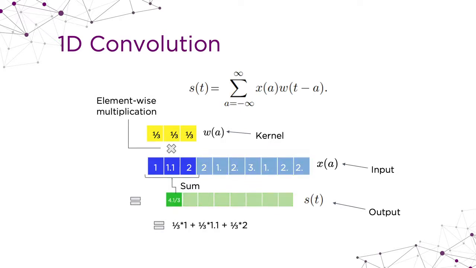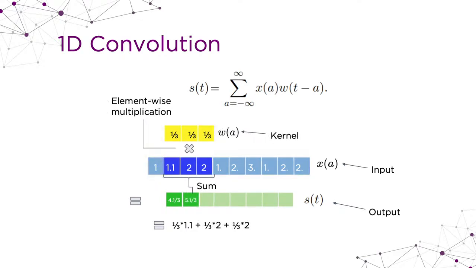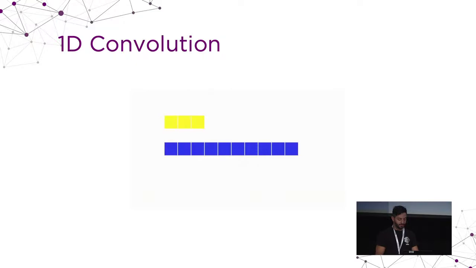So we do an element-wise multiplication, so 1/3 times each point, and then we sum these all up. This is, again, just a moving average, and you can do the calculations here. You have the math, and you can keep on doing this for the rest of your signal. And now we have the 1D convolution.